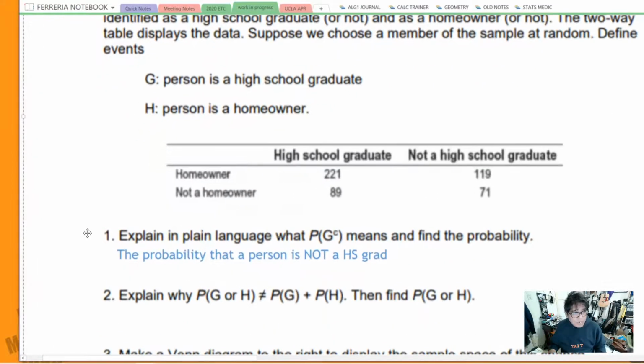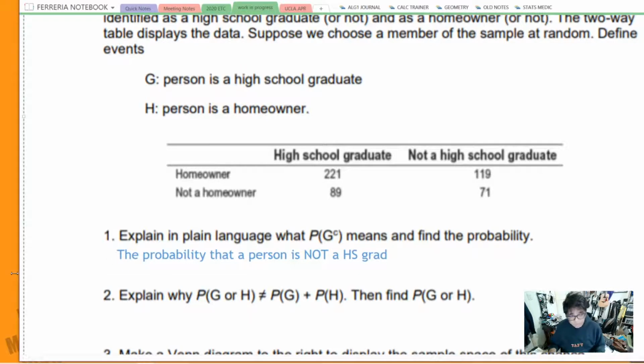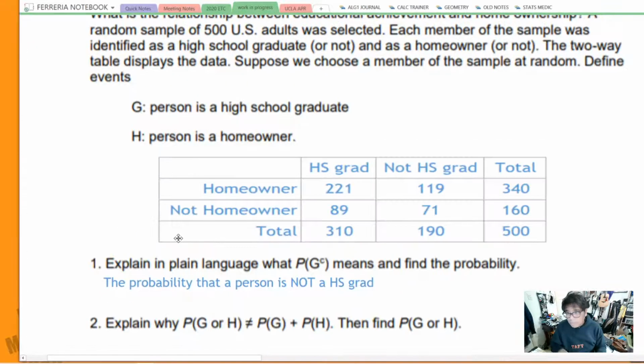In order to figure that out, we're going to need the marginal totals of this table, and I've just replaced the table with another table with the same information that has marginal totals. So the probability that a person is not a high school graduate is 190 out of 500. That's equal to 38%.